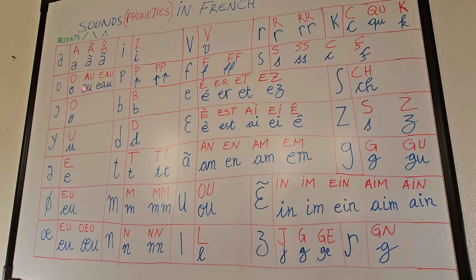That's how you spell it, but it sounds o. And then you might also see e, a, u. It still sounds o. So the sound is o, but you have three different spellings.